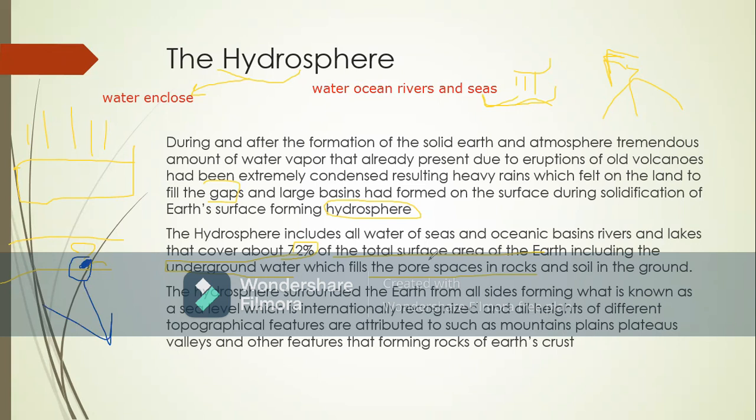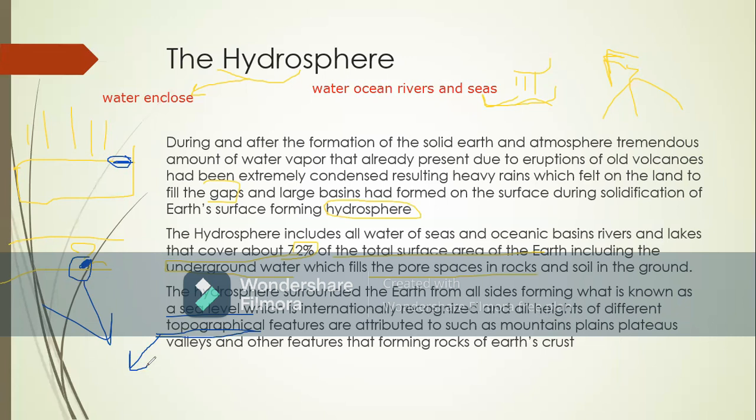The hydrosphere surrounds the Earth from all sides, forming what is known as sea level. We measure anything starting from this sea level, which is internationally recognized for the heights of different topographical features. What is the meaning of topographical?